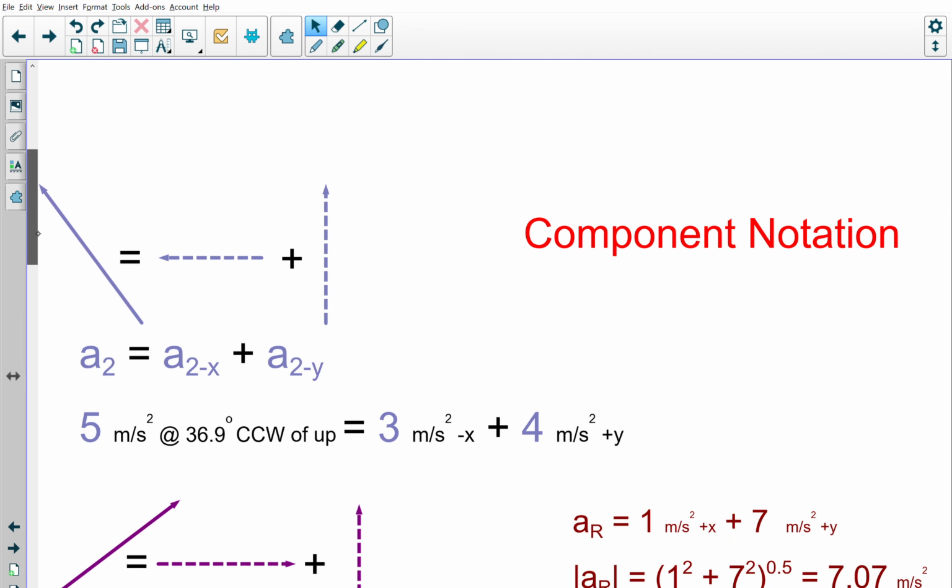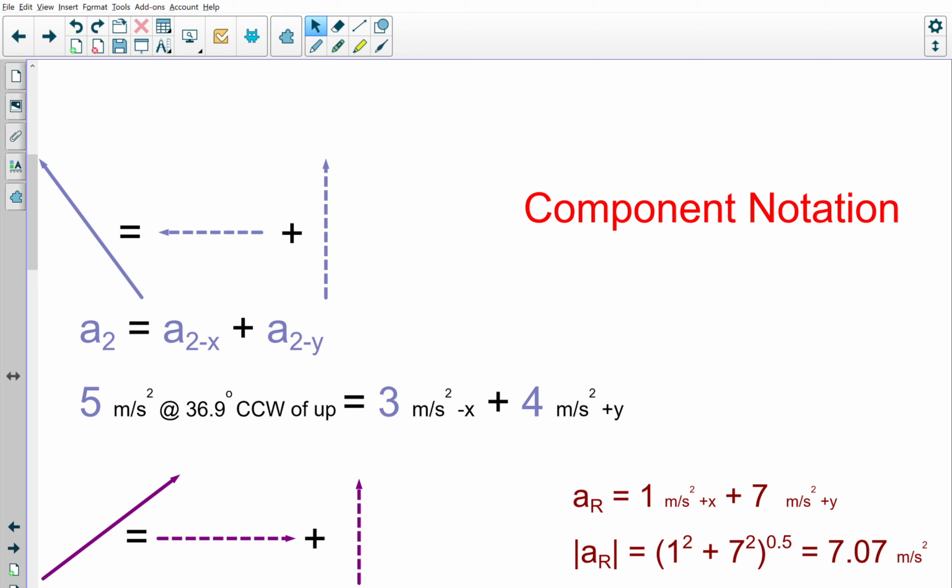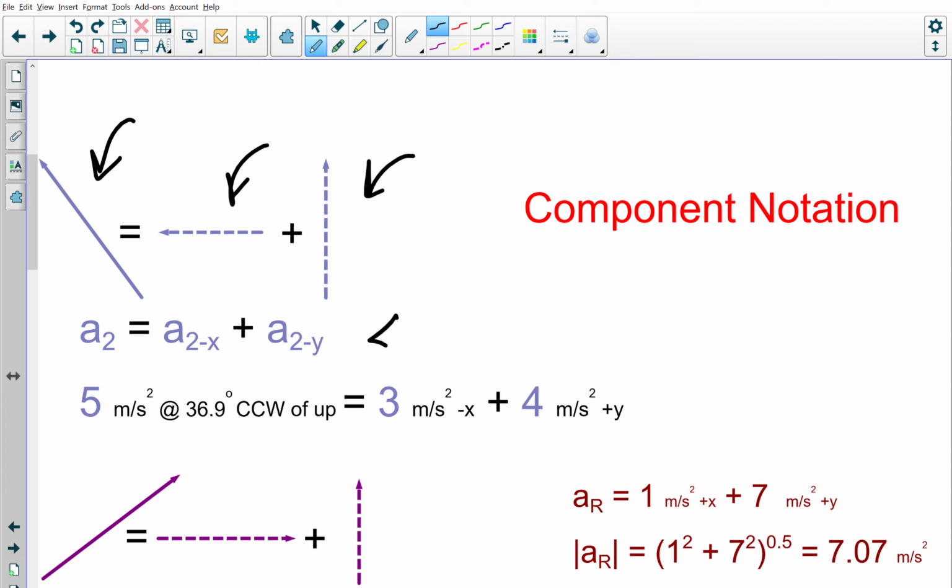Let's come on down. One way to write these is called component notation. So notice, over here, we got the resultant, we have the X component, we have the Y component. So this line represents vector addition. a2x we know is a 3, a2y we know is a 4, a2 is a 5.